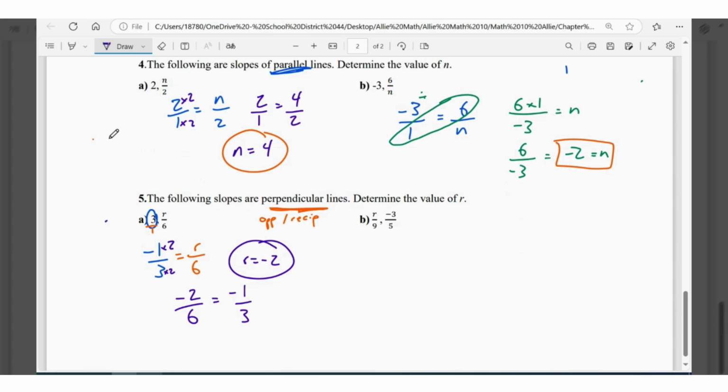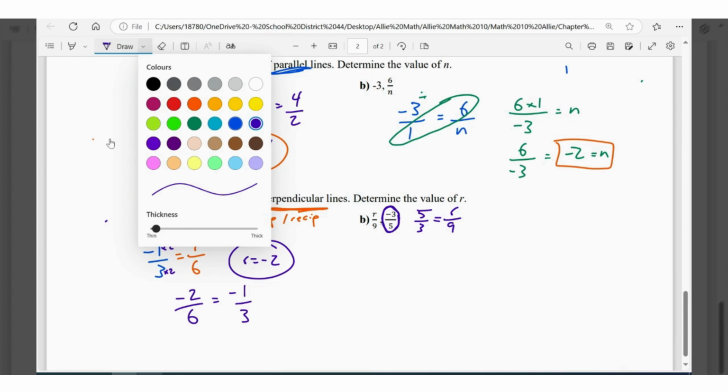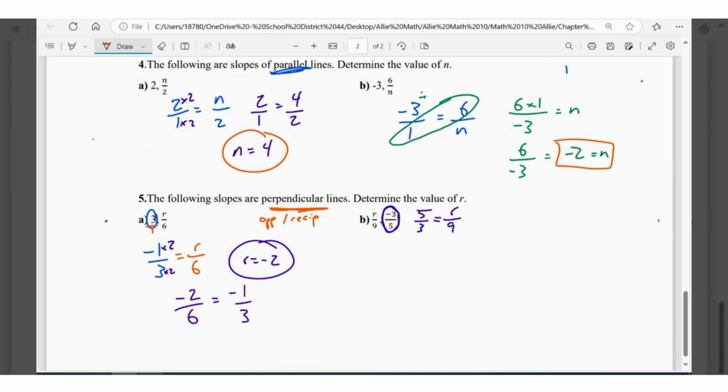And this last one, I'll do the cross multiply and divide way. First, this is our slope right here, we need to make it into a perpendicular slope. So we need to flip it, so 5 over 3, and we need to make it opposite. Our original one is negative, so our new one has to be positive. So 5 over 3 equals r over 9. And now to solve for r, we can cross multiply and divide.